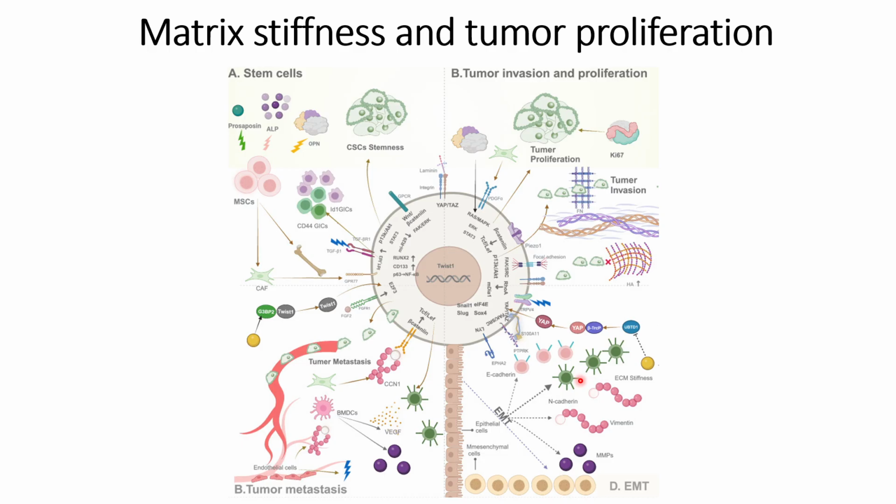This EMT leads to the release of cancer associated fibroblasts, and that leads to the increase in ECM stiffness, and as the ECM stiffness increases, this will finally lead to YAP and TAZ nuclear localization, and this YAP TAZ nuclear localization will finally result in more EMT changes, that is, epithelial to mesenchymal transitions.